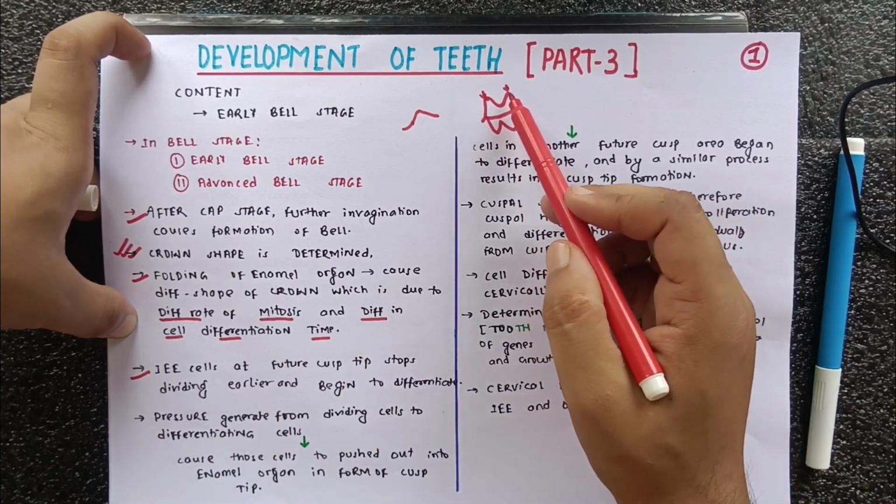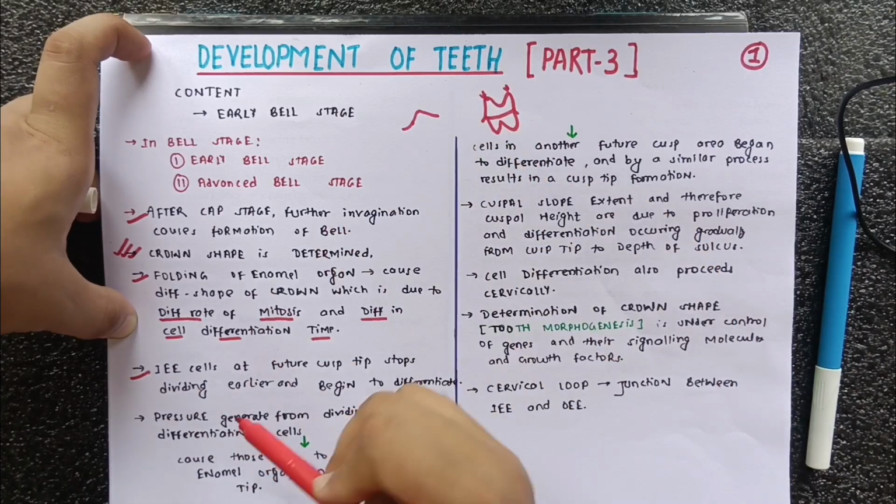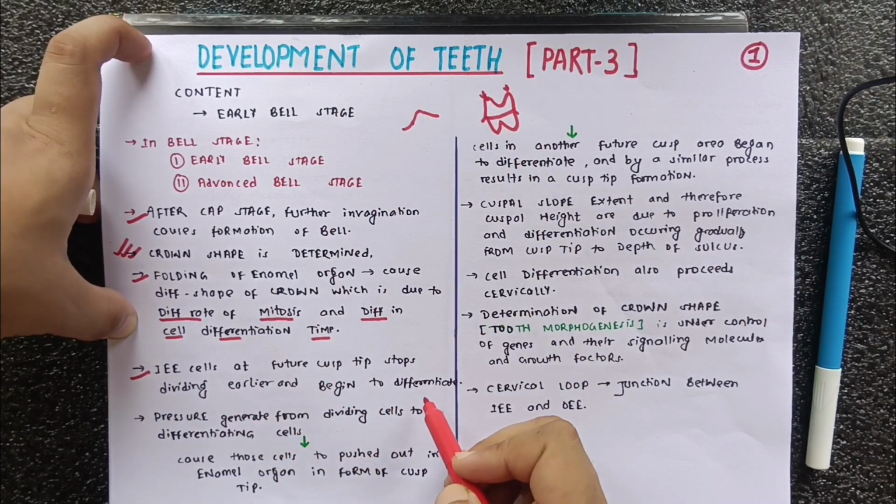So at the cusp tips, the inner enamel epithelium stops dividing and begins to differentiate.